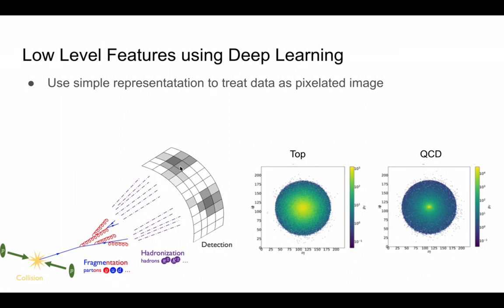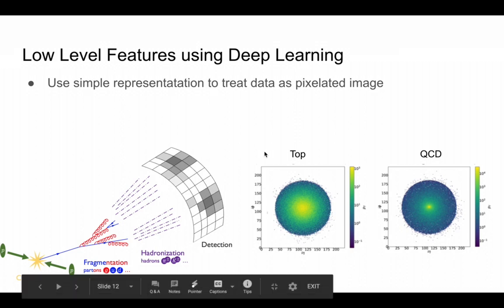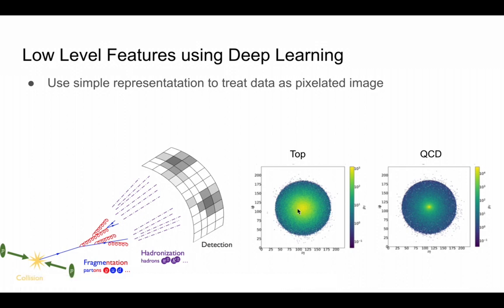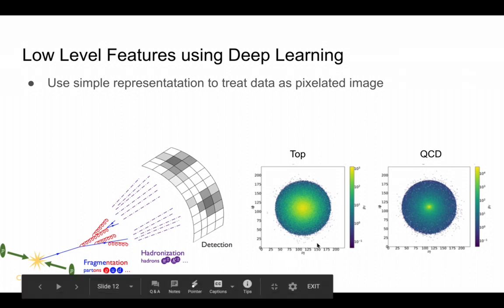If we treat it as an image, we can tell top quark jets will have a broader distribution compared to QCD jets with a relatively smaller distribution. Using deep learning, we can directly use this pixelated data for image classification.